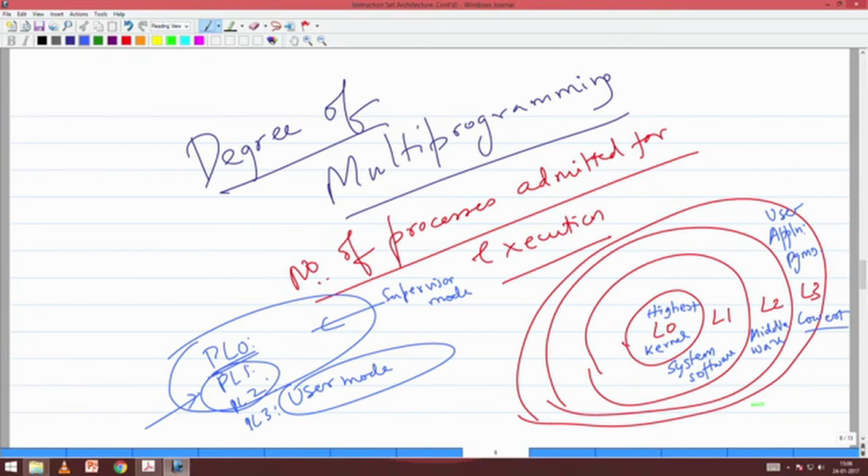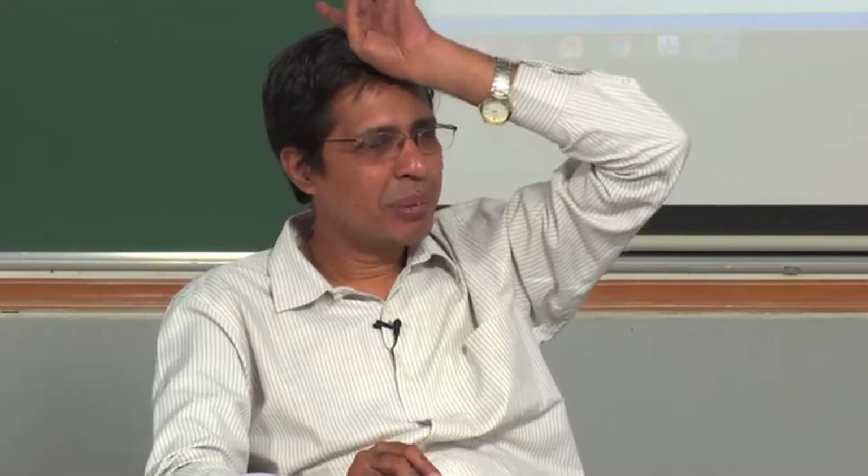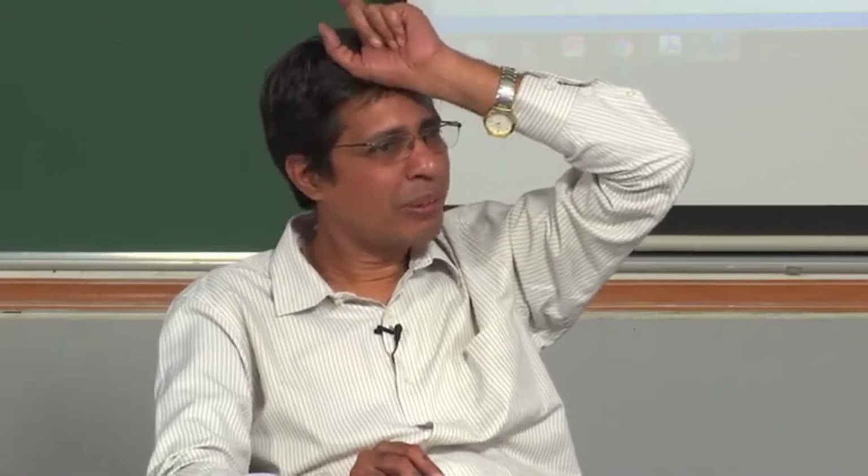So, the processor itself will work in 4 privilege levels: privilege level 0, privilege level 1, privilege level 2, privilege level 3. Okay, you understand, right? Let us talk about PL0. This is the highest privilege.